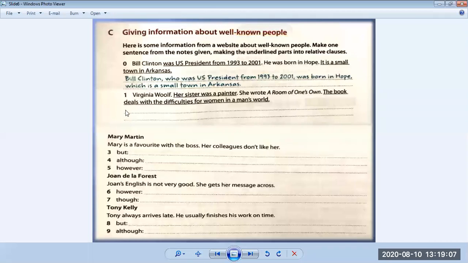So now the data. Virginia Woolf, her sister was a painter. She wrote A Room of One's Own. The book deals with the difficulties for women in a man's world. So let's try to figure out this one.